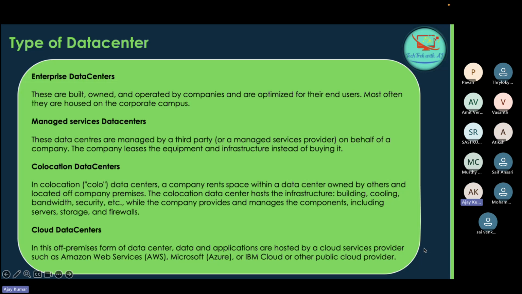So these are the different data centers which are available and used by organizations. Now the thing is, whenever you are going for a discovery, you should ask the customer, "Okay, sir, what type of data centers are you using?"